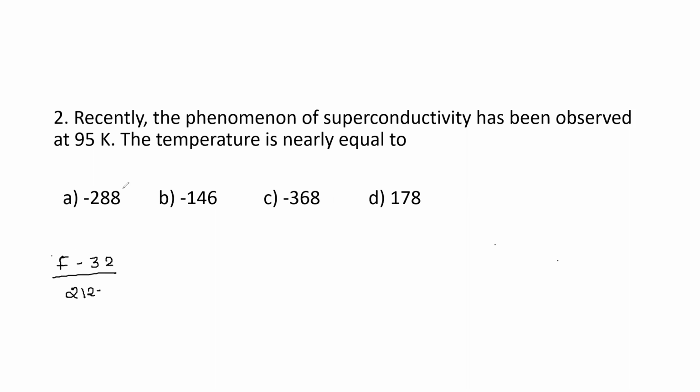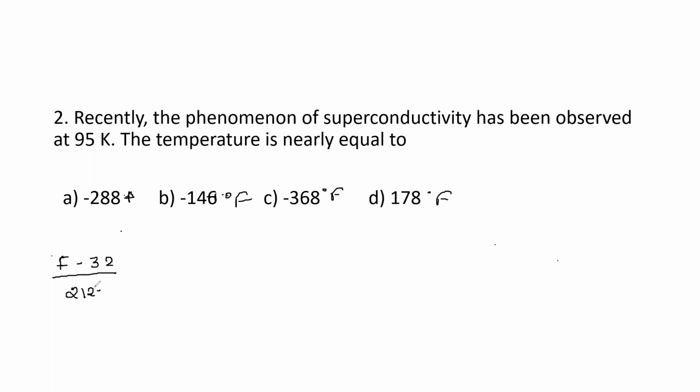Because here the options are given in terms of degrees Fahrenheit, all four options are in degrees Fahrenheit, and in the question the temperature is given in terms of Kelvin. So I am taking the relation between degree Fahrenheit and Kelvin.